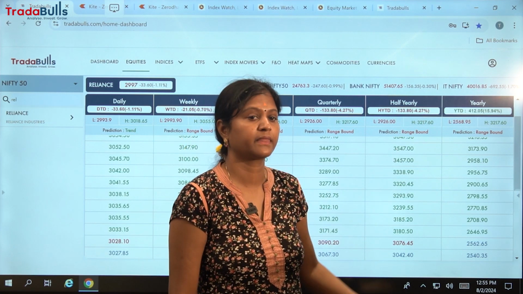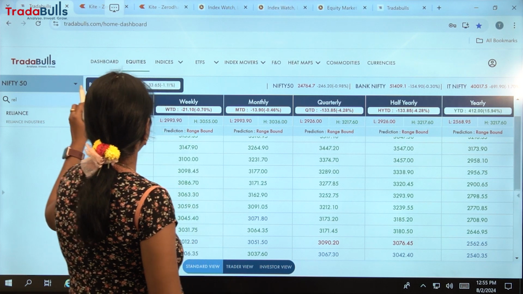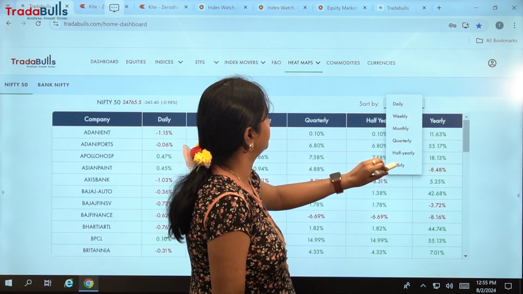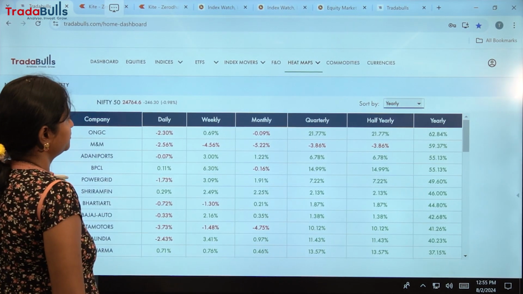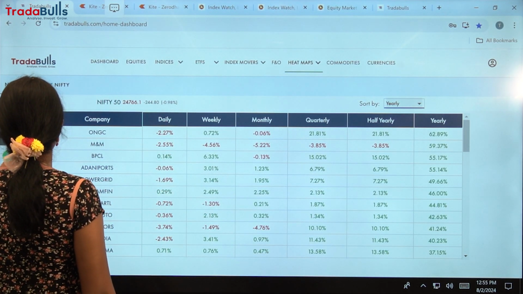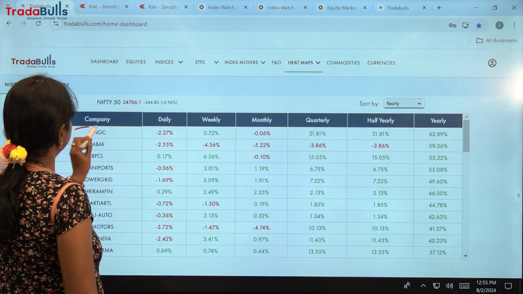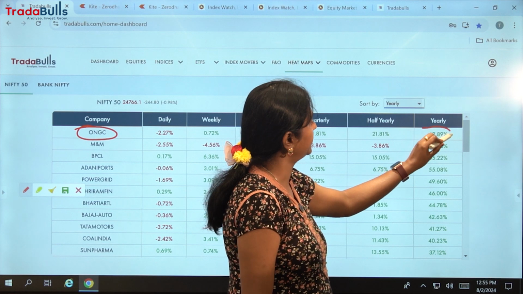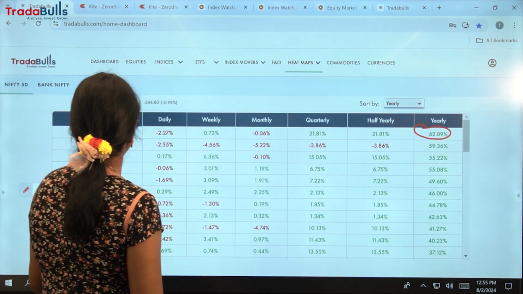Let me go to heat maps and see, for yearly, which companies are trading at the highest. ONGC is on top at 62.89% for this year.